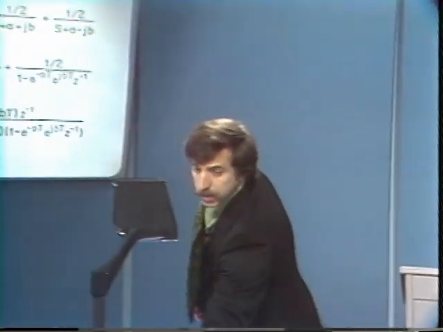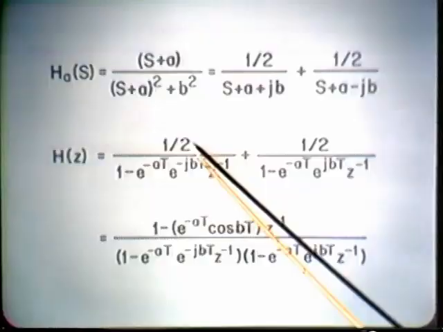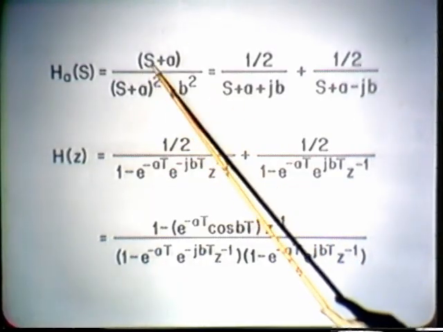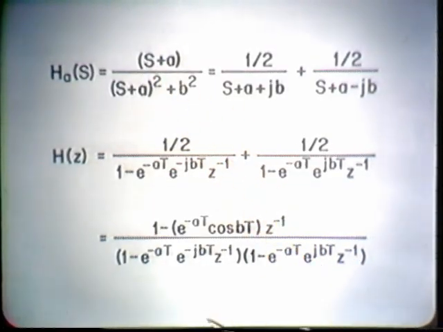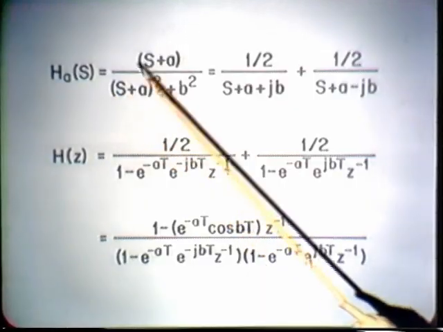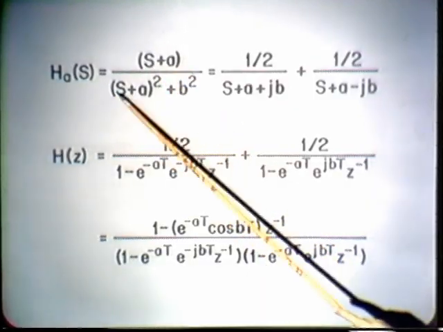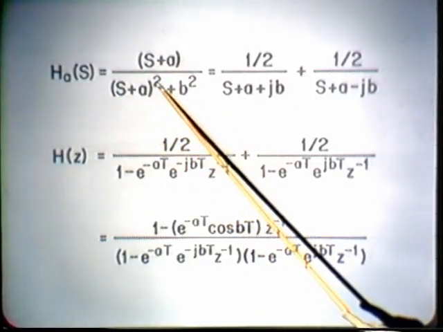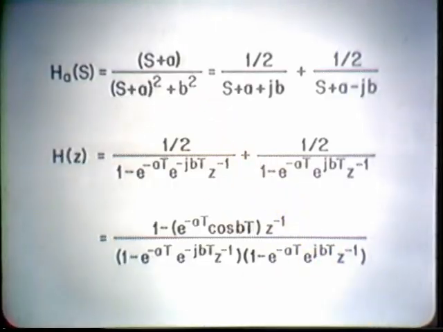Let's take the case of a simple second-order analog filter, let's say with one zero and two poles, so that the analog system function is given by s plus a divided by s plus a squared plus b squared.